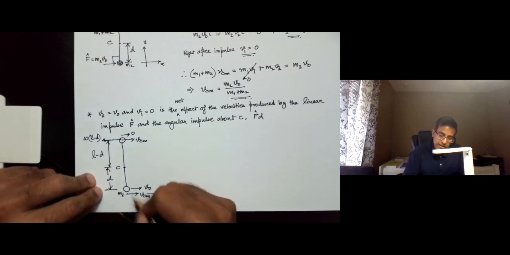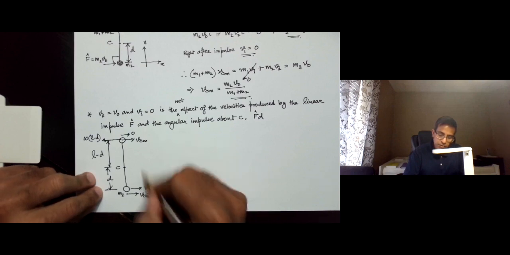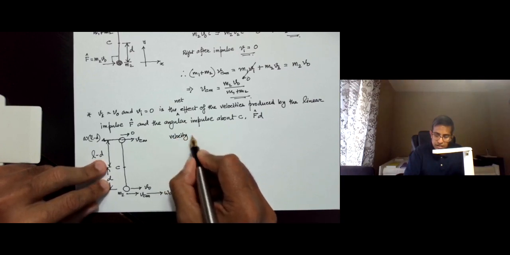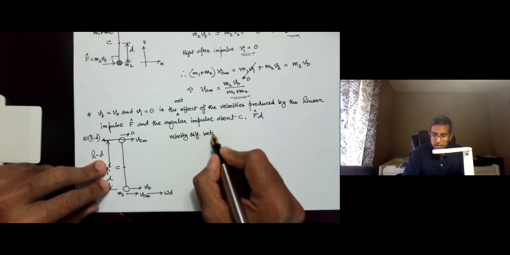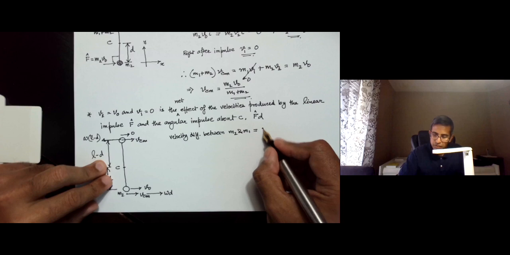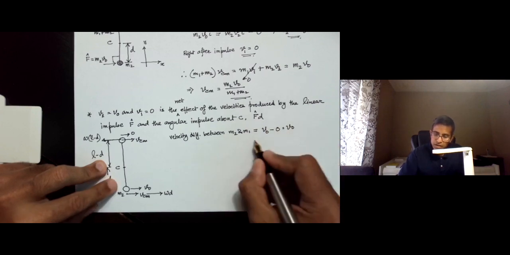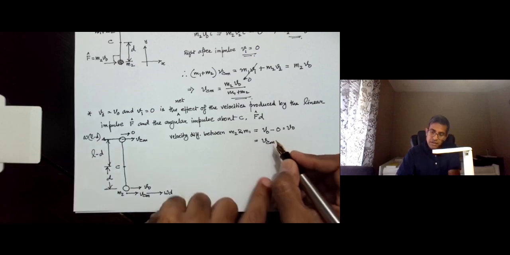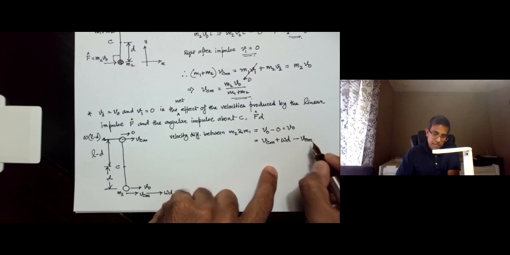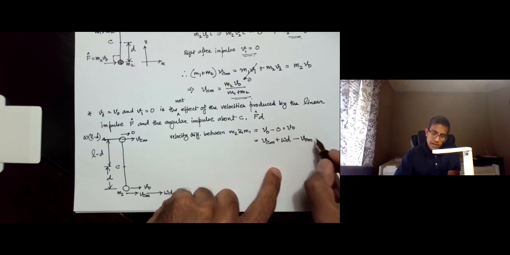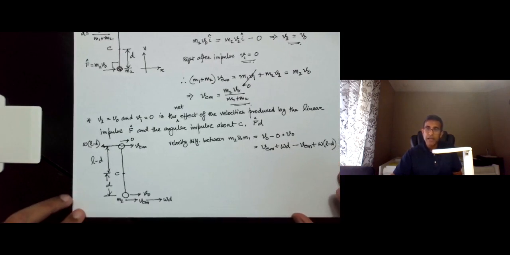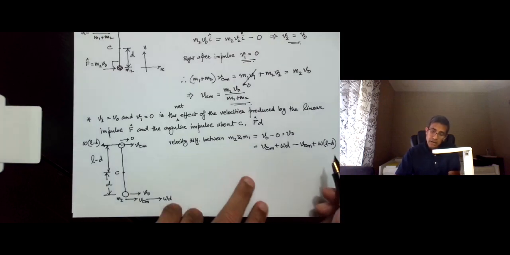And so you can see that the velocity difference between m2 and m1 is equal to v0 minus 0, which is v0, which is also equal to vcm plus omega d minus vcm plus omega (l minus d), because the velocity of m1 is vcm minus omega (l minus d).